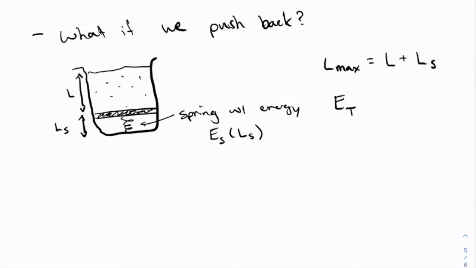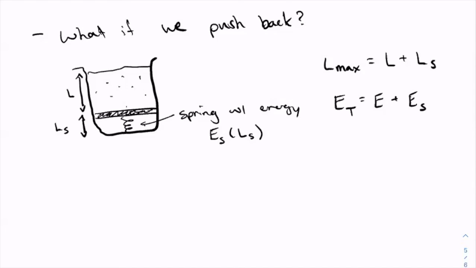And now those solutes, while they still do not interact, that spring, as it displaces, changes its energy. So there was some initial energy of the solution, call it E, whose total energy is now given by the sum of the solution energy plus the energy of the spring.